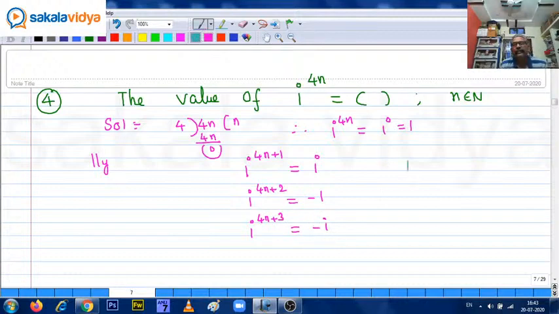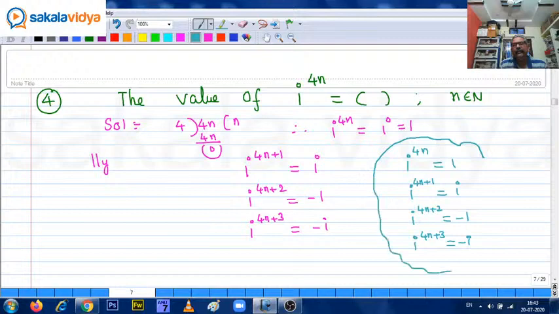You remember, I to the power of 4n equals 1. I to the power of 4n plus 1, remainder is 1, is I. I to the power of 4n plus 2 equals I square, which is minus 1. I to the power of 4n plus 3 equals I cube, which is minus I. These are very, very important, you remember.